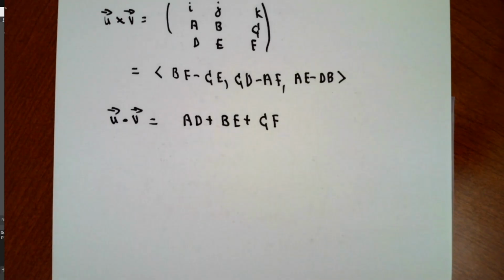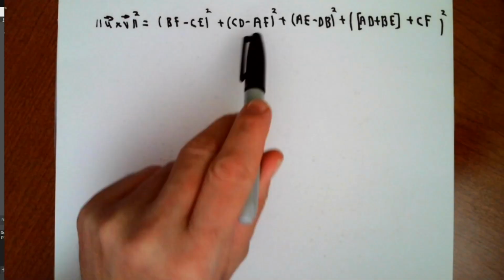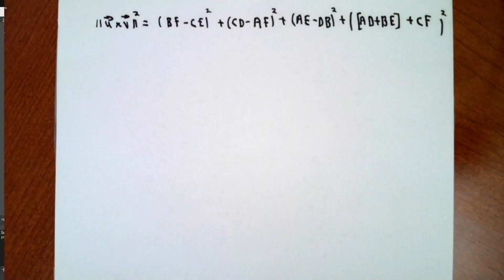We calculate u cross v in the usual way and express it in component form. U dot v is a number. We multiply corresponding components of u and v together and add them up. The length of the cross product is going to be the easier of the two things to calculate. For this piece, that piece, and that piece, I'll just use the usual square of a difference formula.